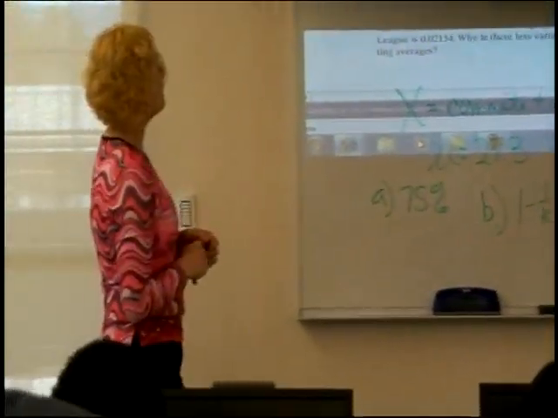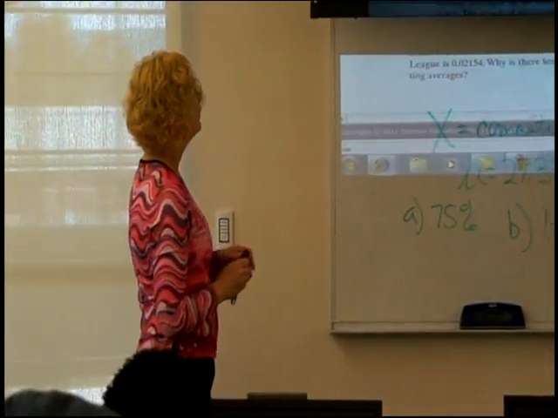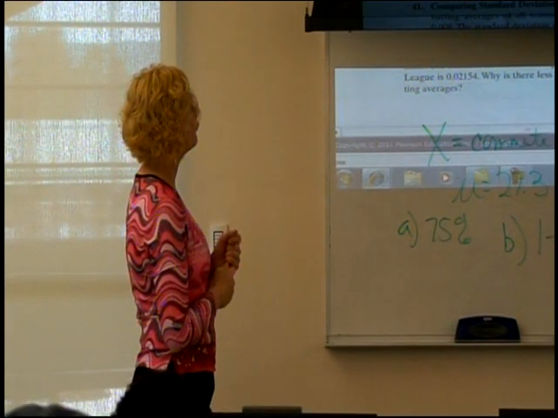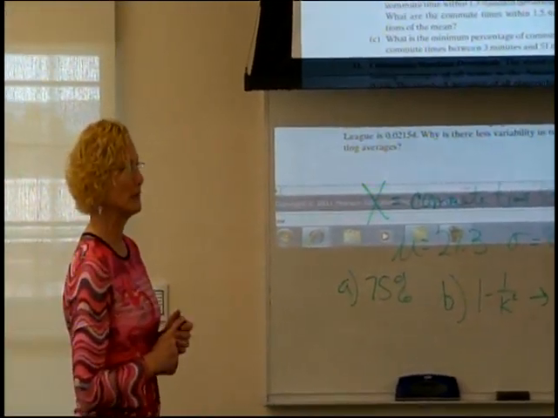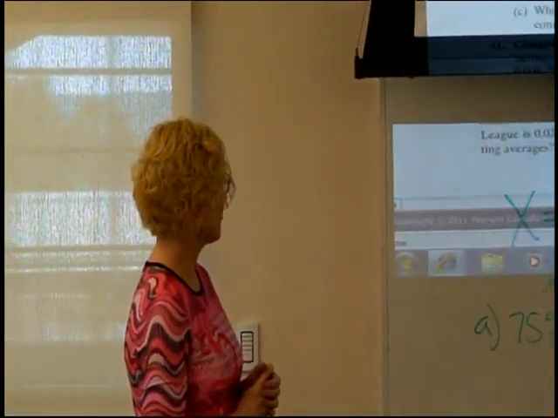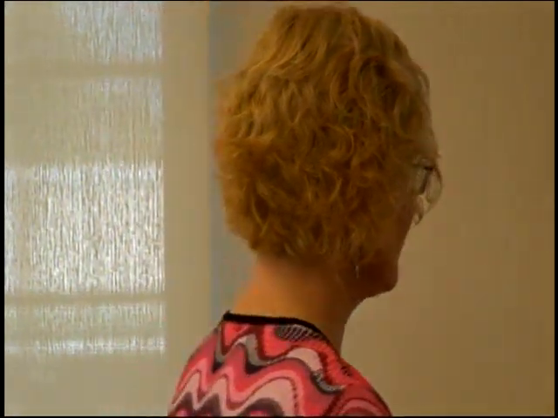All right, so how about C? What is the minimum percentage of commuters who have commute times between 3 minutes and 51.6 minutes? I think it's 3 to 51.6?